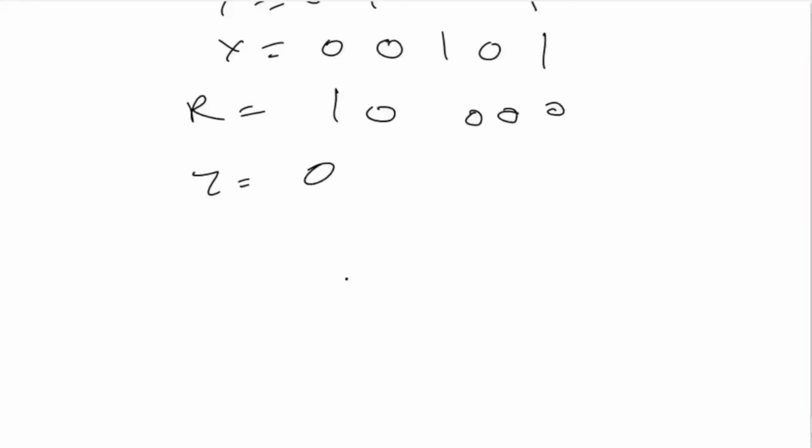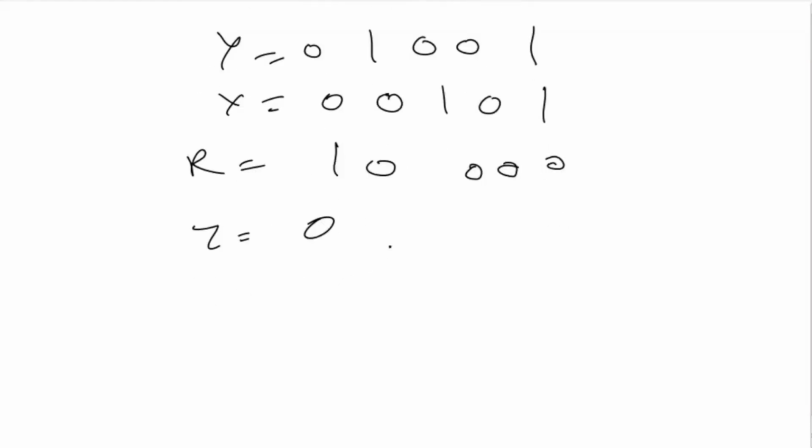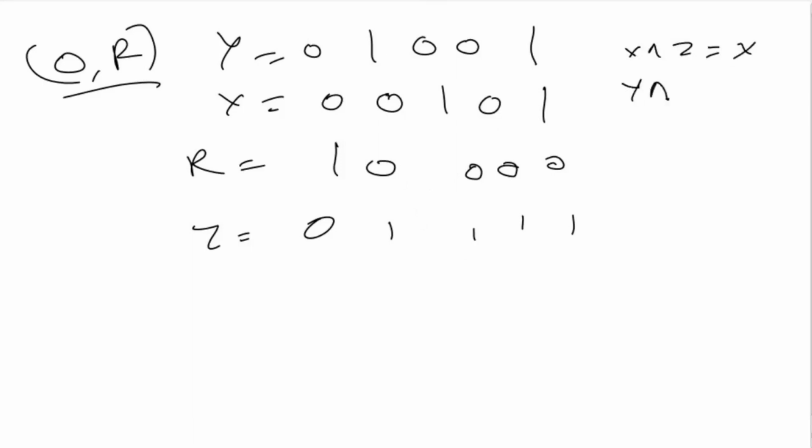Now if we set all the remaining bits to 1, then our Z is in the correct range, that is 0 comma R, and we'll get X and Z equal to X and Y and Z equal to Y.